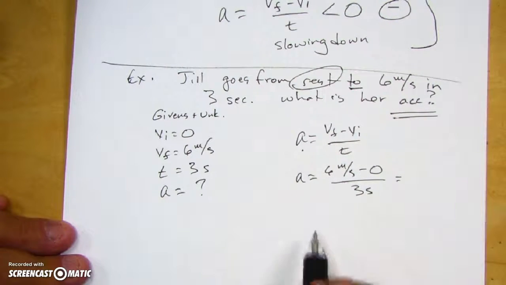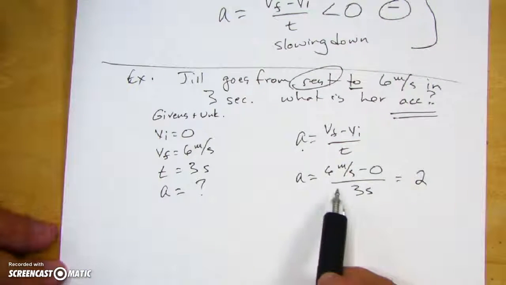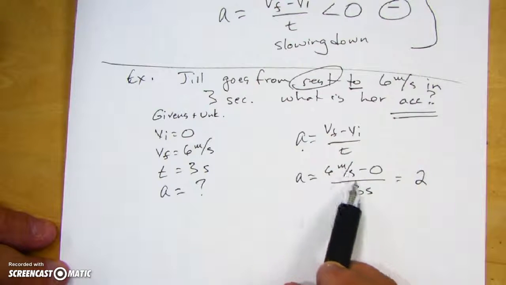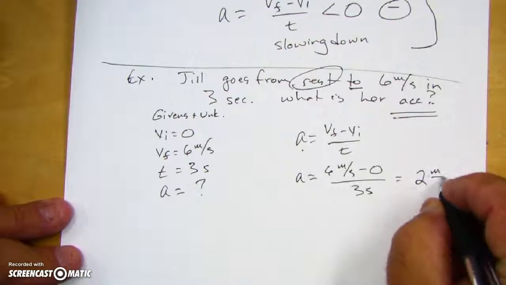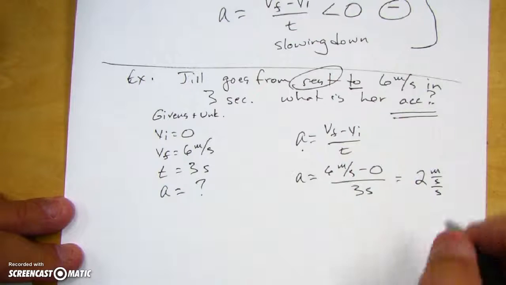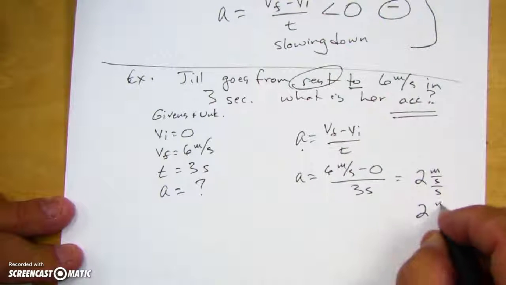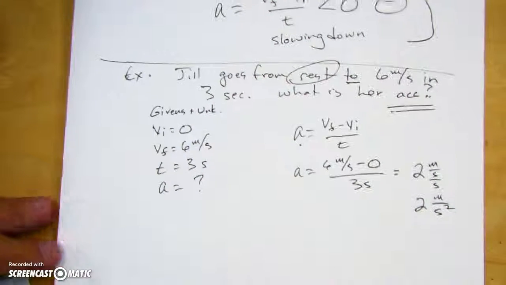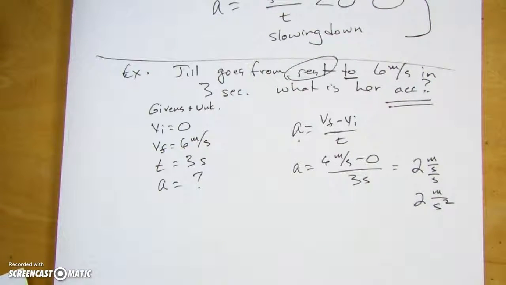Do the math: 6 divided by 3 is 2, and it's positive. Now do the same thing with the units: meters per second divided by seconds. If you want to write it this way, I'm okay with that. If you want to write it as 2 meters per second squared, I'm okay with that too. I can live with it either way.